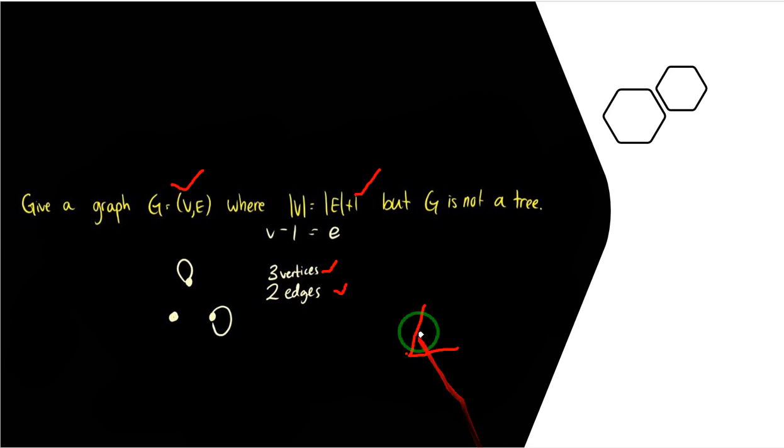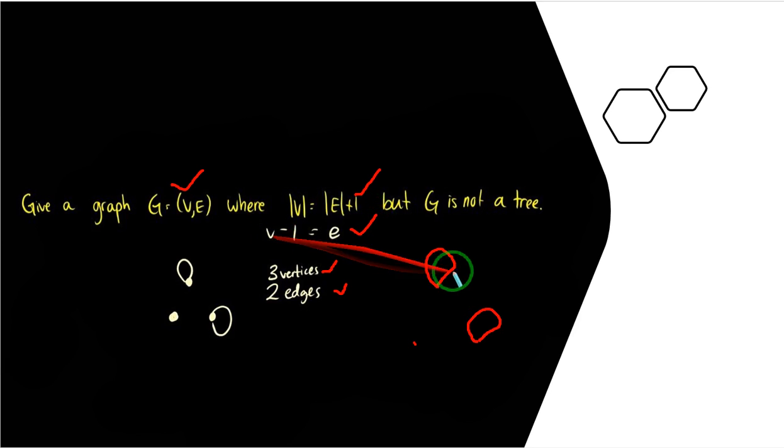But if I make it like this, with three vertices and two edges, this is edge 1 and this is edge 2. So in this case we have three vertices and two edges. This formula is satisfied, but this graph is making a loop, so it's not a tree. Simple method, simple way.